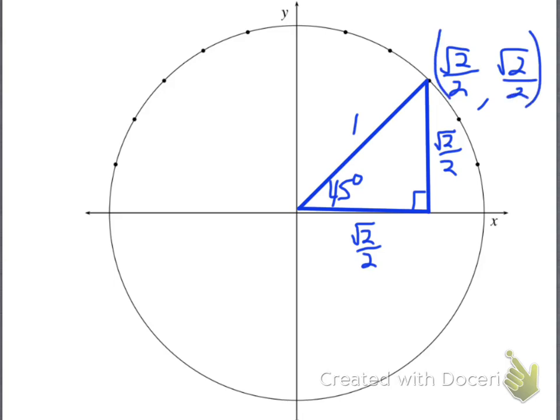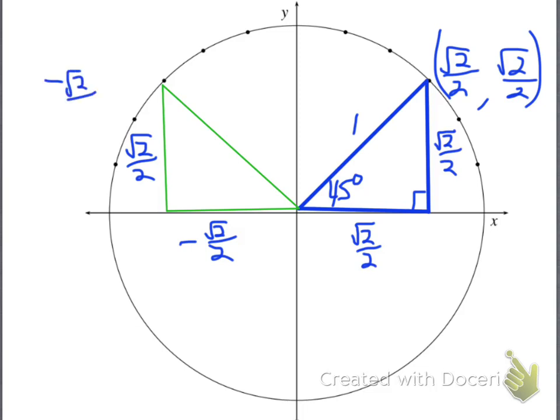Now, using the same idea as we just did with the last one, I have this green triangle here. This value here is square root of 2 over 2, but again, being in the second quadrant, it is a negative value. And this side is, again, square root of 2 over 2. My coordinate then being negative square root of 2 over 2, square root of 2 over 2.